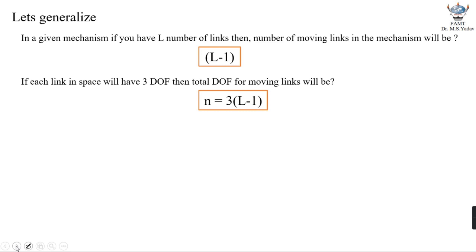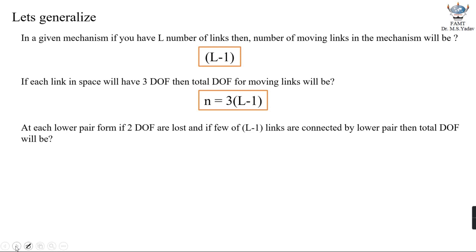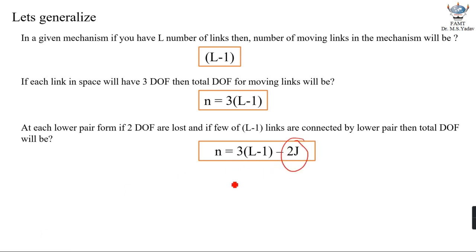Now let us say we form J number of lower pairs, and we know that at every lower pair formed 2 degrees of freedom will be lost. So once we form J number of lower pairs, 2 into J degrees of freedom will be lost. So now the remaining degrees of freedom will be n is equal to 3 into L minus 1 minus 2J.